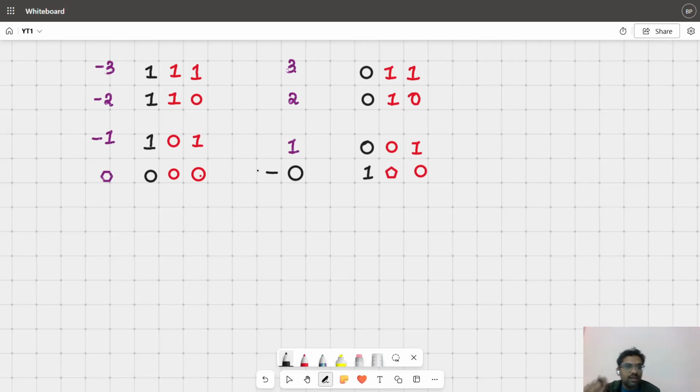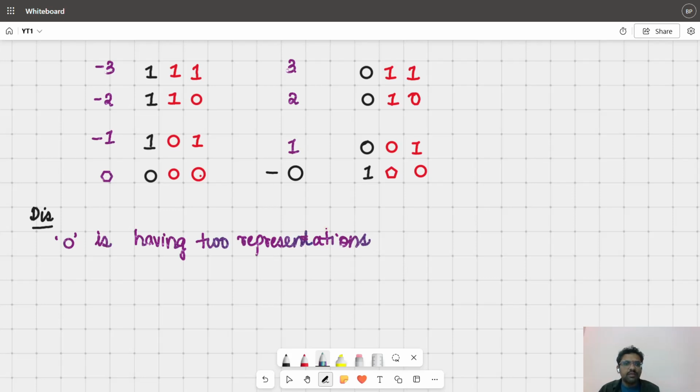So we can observe that 0 has two representations. That is the major drawback and the disadvantage of this method.